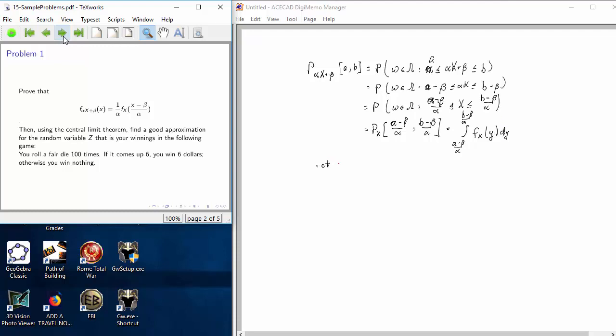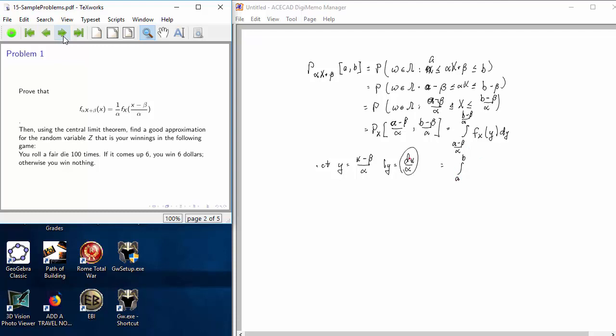That means I can now set y equal to x minus beta over alpha, and therefore dy is dx over alpha. So this integral expressed in terms of the new variable of integration x is an integral that just goes from x equals a to x equals b.